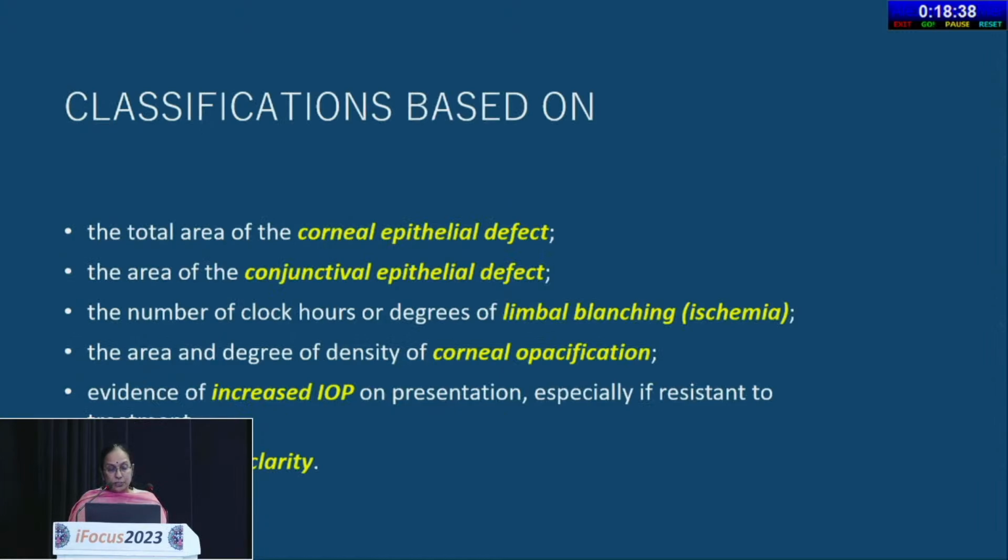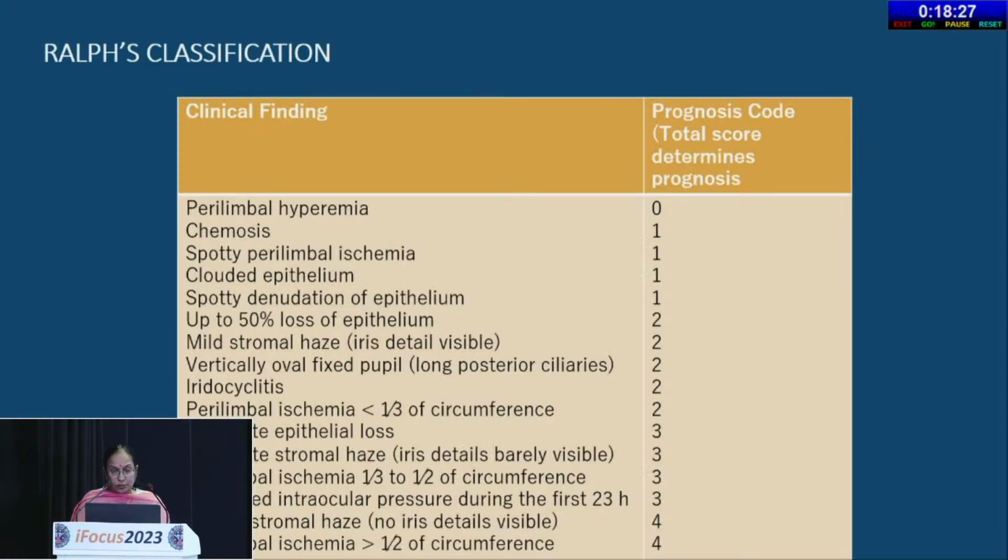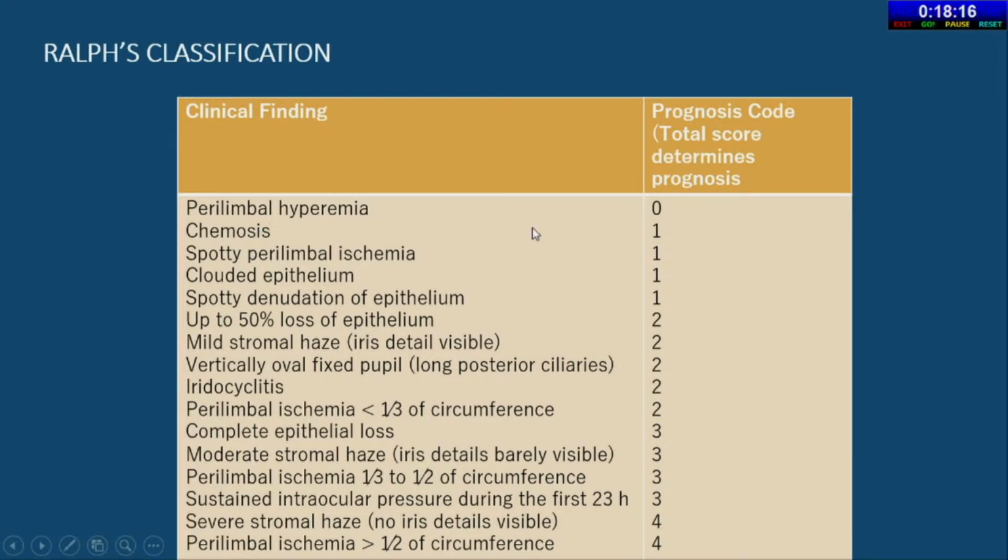Now, the classifications are based on total area of epithelial defect, corneal and conjunctival, the number of clock hours of blanching, area and degree of opacification, evidence of IOP, and loss of lens clarity. So the Roper Hall classification gives prognostic scores of 0, 1, 2, 3 and so on.